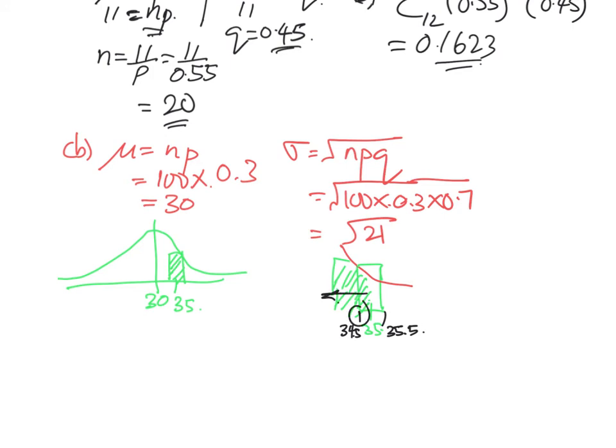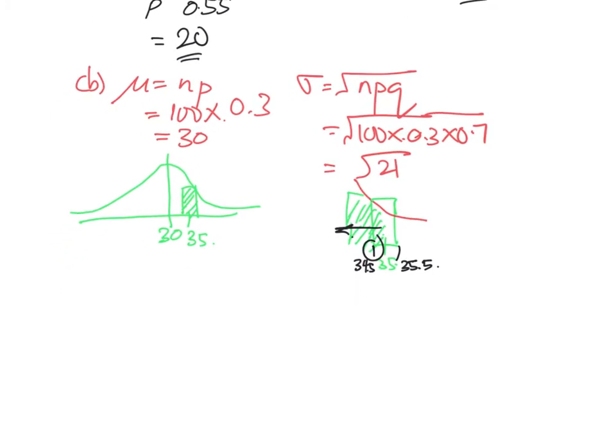So what continuity correction do I have to use? I have to use minus 0.5. So to approximate the binomial, for the normal distribution it should be x less than 34.5.